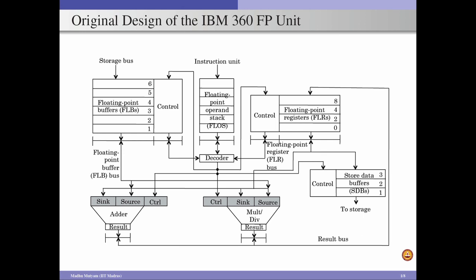And in this particular design, there is a result bus connecting to these two floating point units, and when the floating point unit computes its operation, the result will be placed on the result bus, and this result bus is connected to the FLR, the floating point registers.